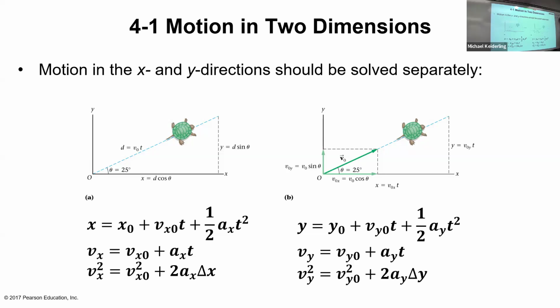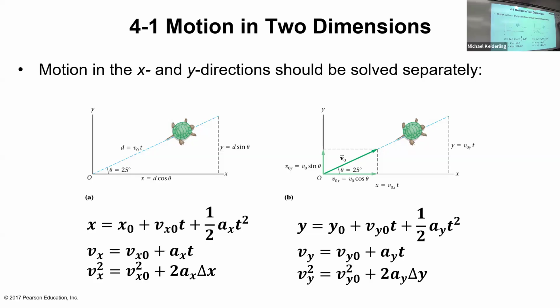Vx equals vx naught plus acceleration x t, and vx squared equals vx naught squared plus 2 acceleration x times delta x.